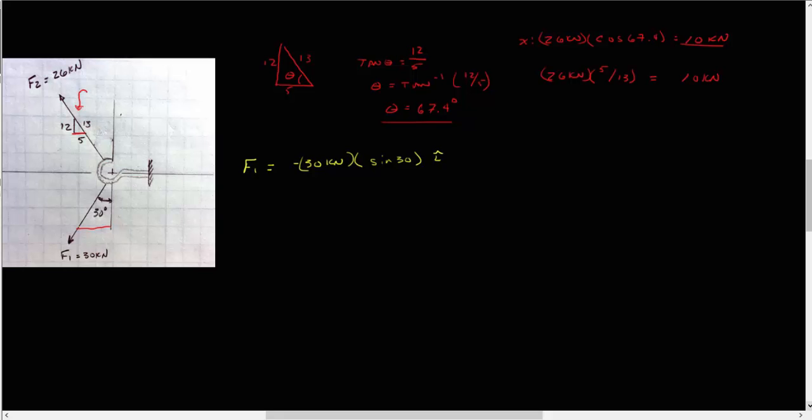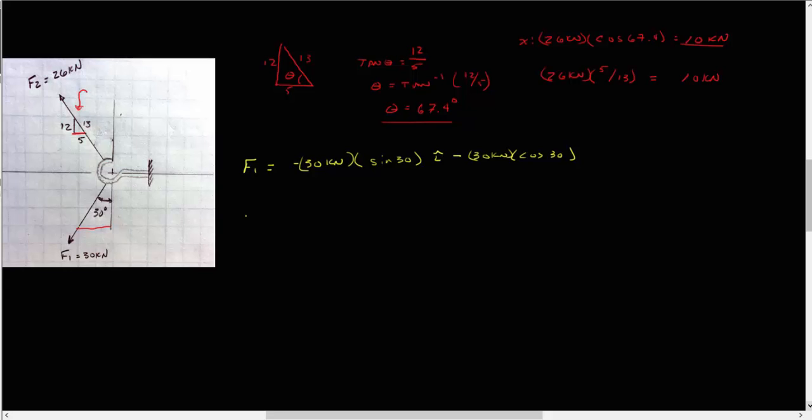That's in my i direction, my i direction, not my y. If you note that the y direction, or the j, is also going negative, so I'm going to say negative 30 kilonewtons times cosine of 30. So there's my vector notation for F1.